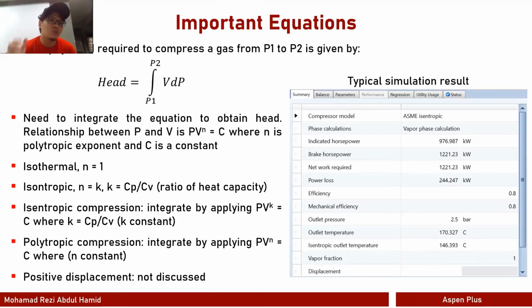And in this case, when you compress, we basically add work to the system. When we add work to the system, internal energy of your system would increase, and because internal energy of your system increases, obviously temperature will increase also.